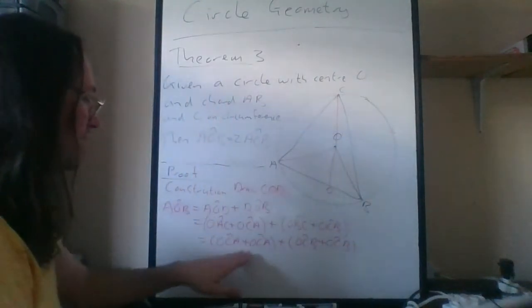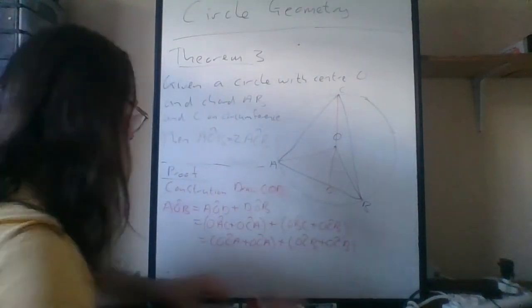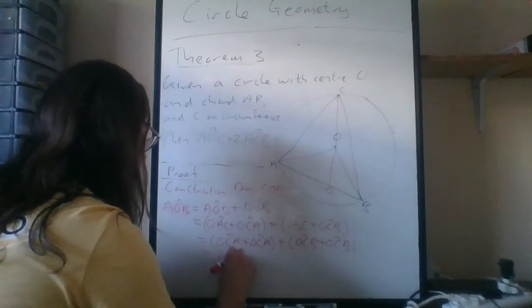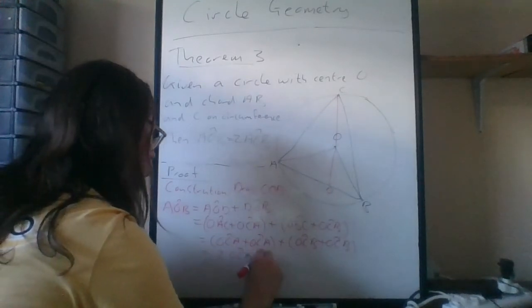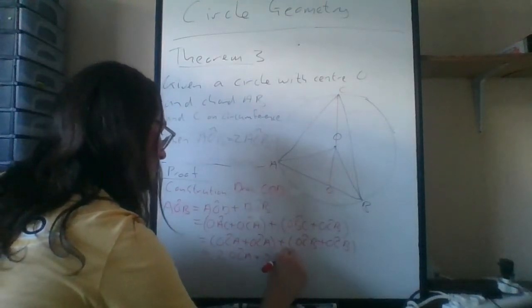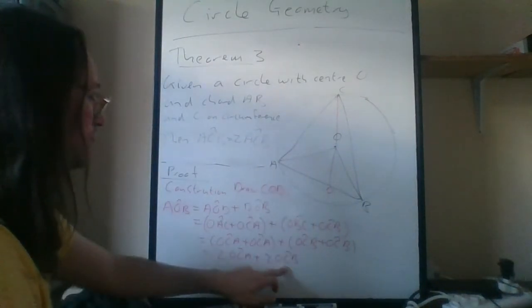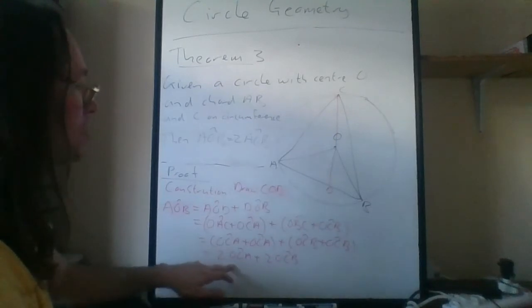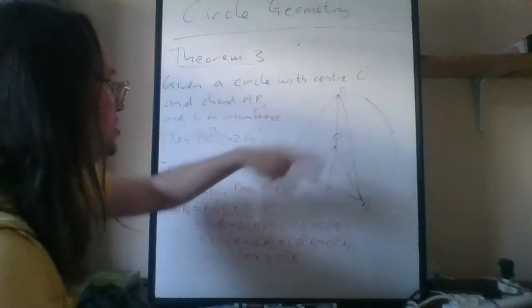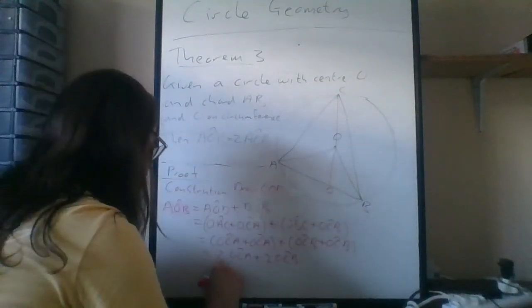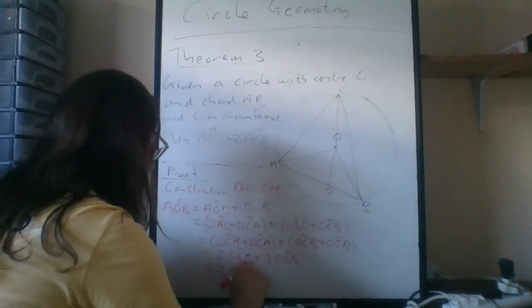Now we have OCA and OCA, that's two of them, and we have two OCB, so this is equal to twice OCA plus twice OCB. So this is twice OCA plus OCB, but OCA plus OCB is just ACB. So this is just equal to twice angle ACB.